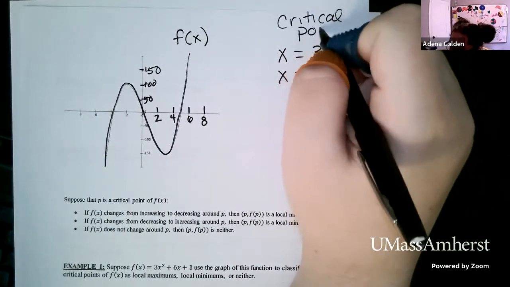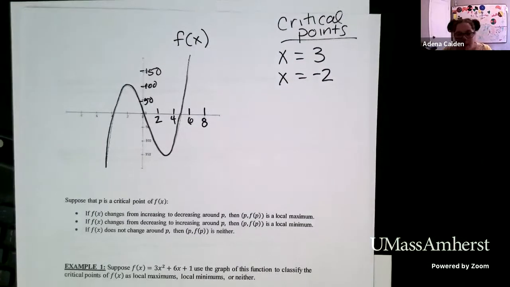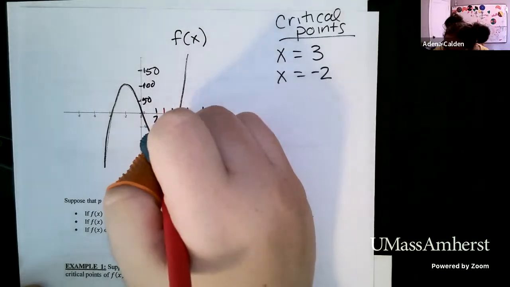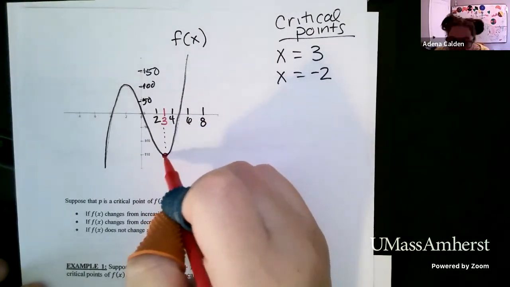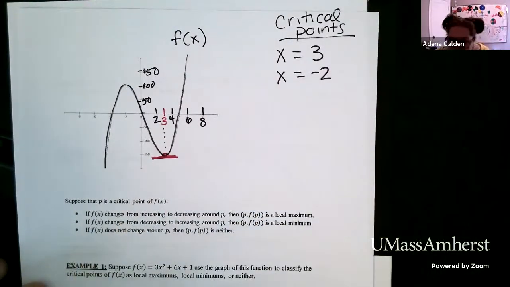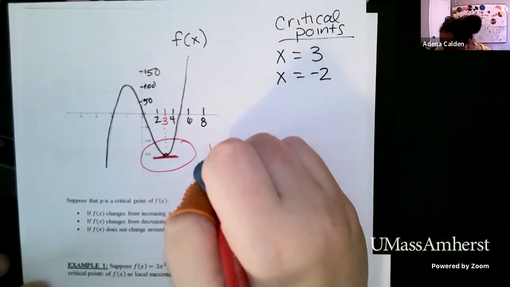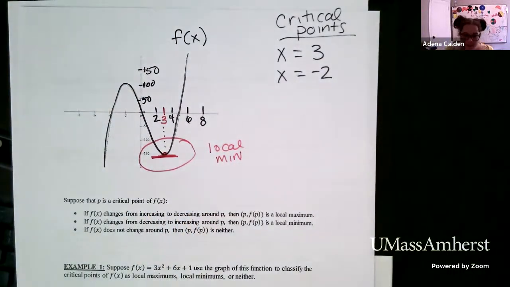This is going to seem really silly, this first way we classify, but we're literally going to look at whether it looks like a local max or a local min. So if we go to 3, which is here, and we go down to the critical point, because we know it's where the tangent line is equal to 0, we can visually see that this is a local minimum.